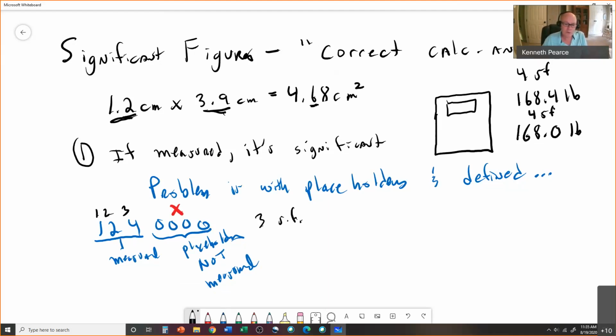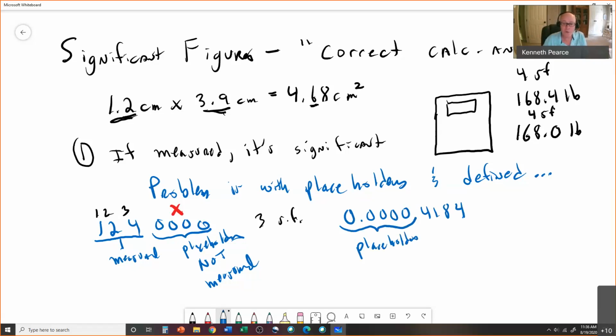Similarly, if you take a look at a very small number, let's say we have this small number right here. These zeros are just telling you how small. These are placeholders. They're not measured. You don't measure the placeholders. They just tell you it's a small number.